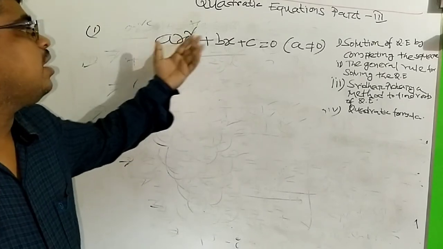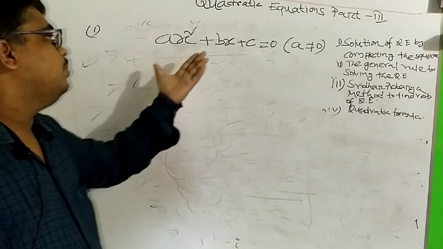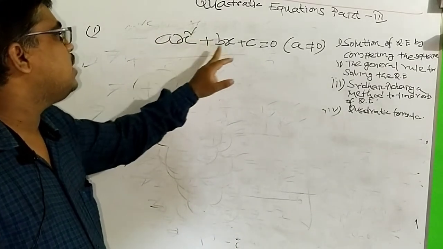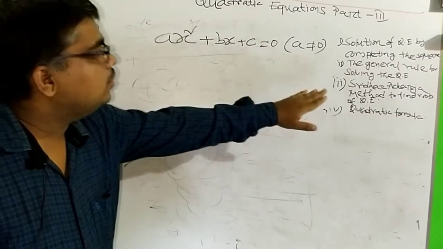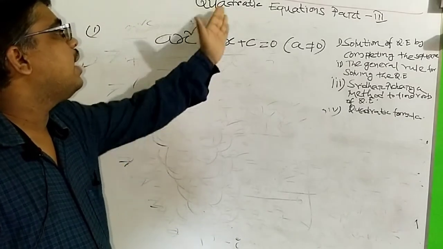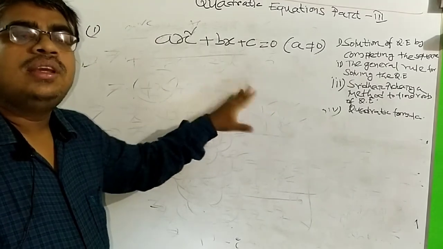This is the standard form of a quadratic equation. Now we make the expression ax square plus bx plus c into a square form such that we can find a root of the given equation.